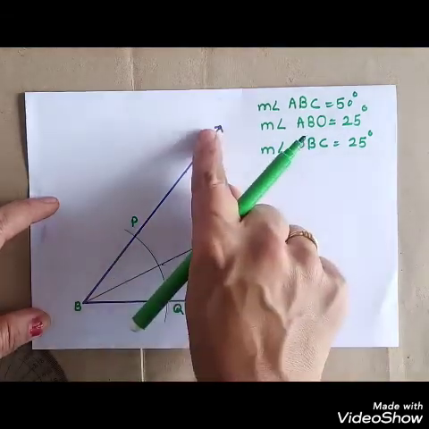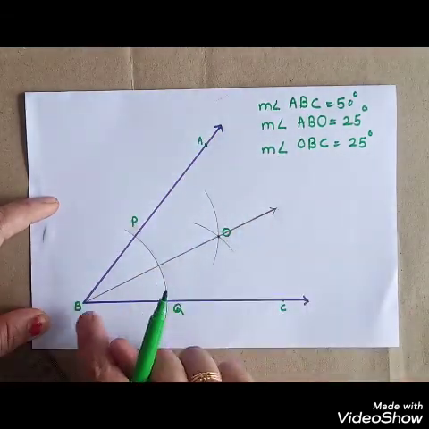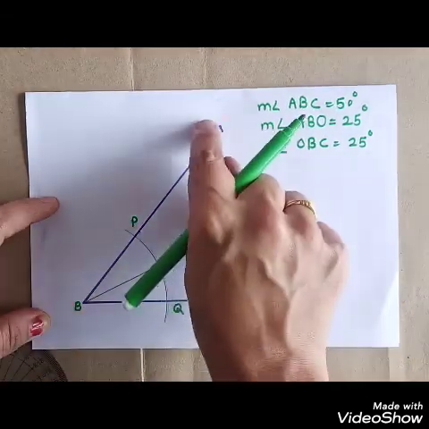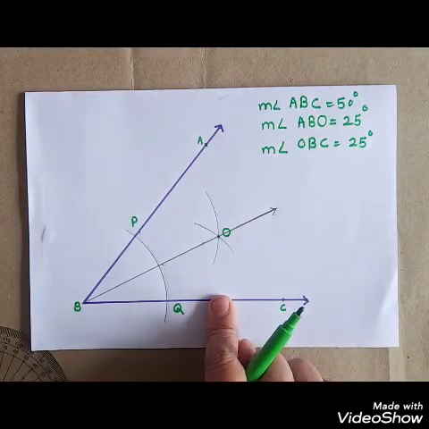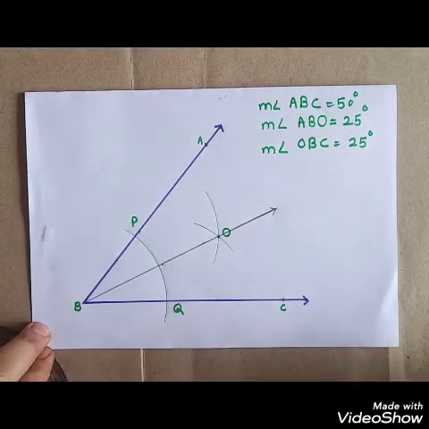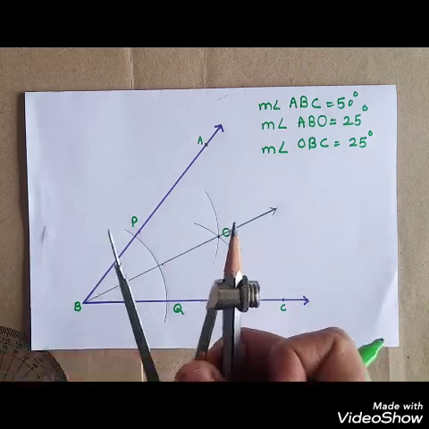That means this bisector ray BO divides this angle equally. Thus we have learned how to draw an angle bisector using this compass.